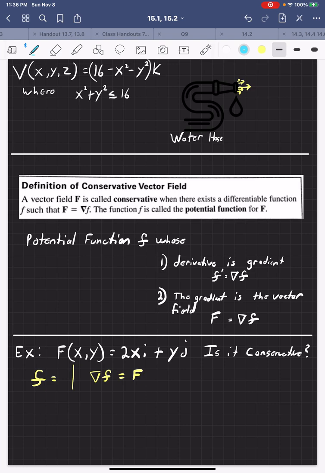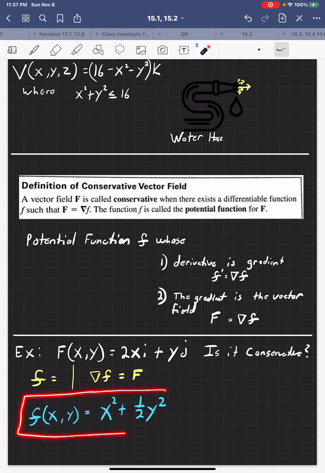So let me just give you some potential function. So here is some function that's out there. It'll be our job to find it. But now that we've found it, does the gradient of this function equal our vector field?